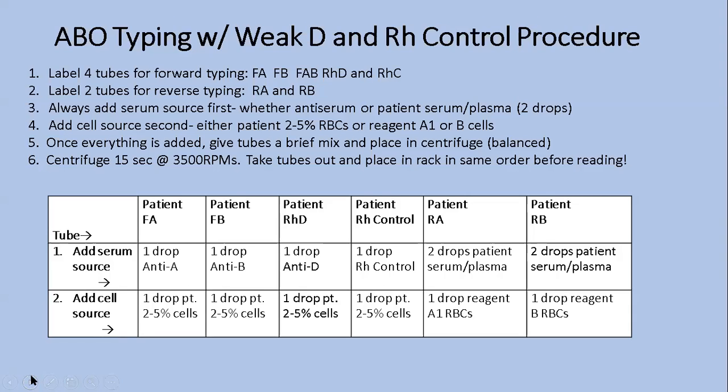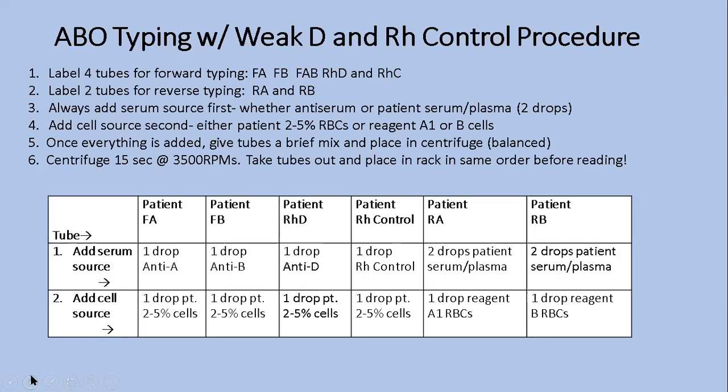If you've been able to listen to the lecture on the Rh blood group system, we talked a lot about weak D and the Rh control, and so this lab is really going to be an additional reference to back up the information that we talked about then.